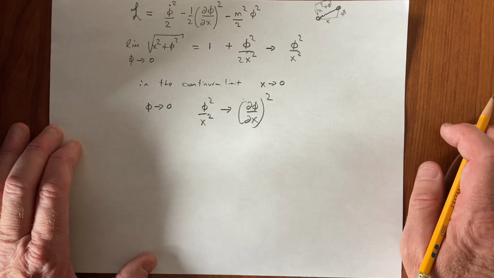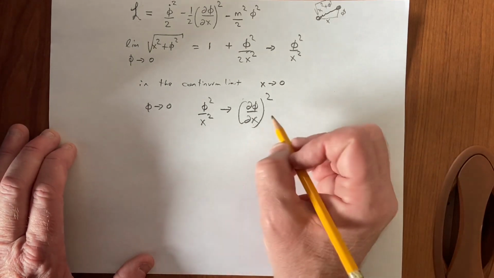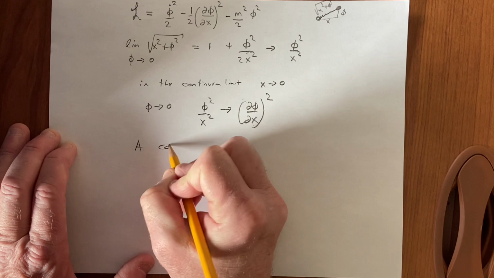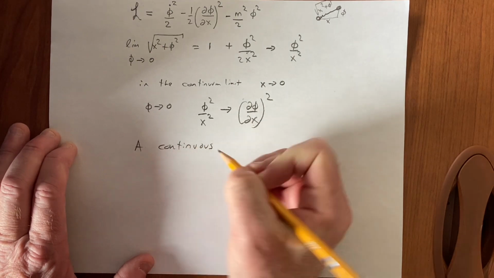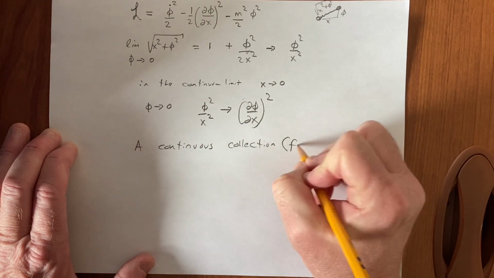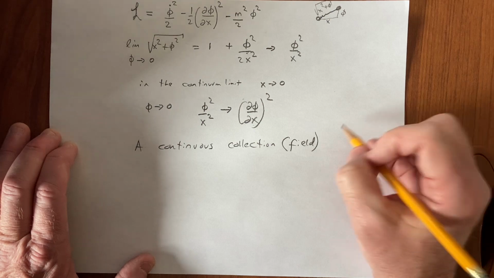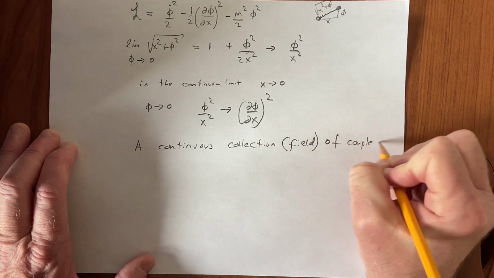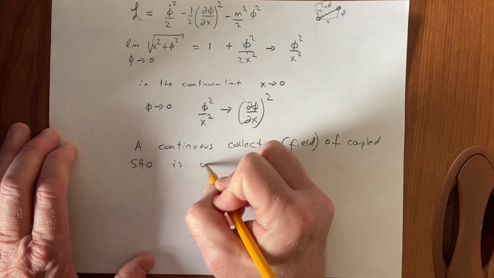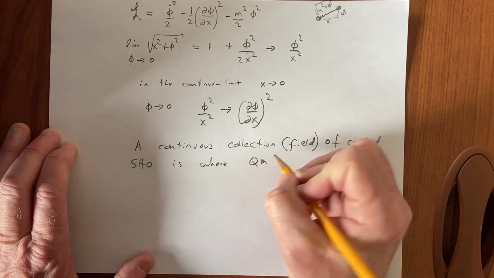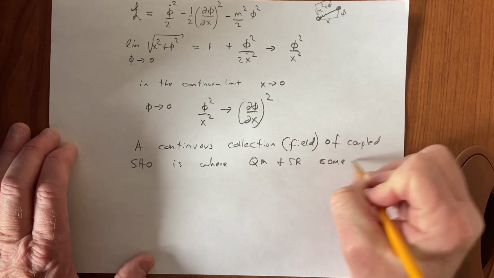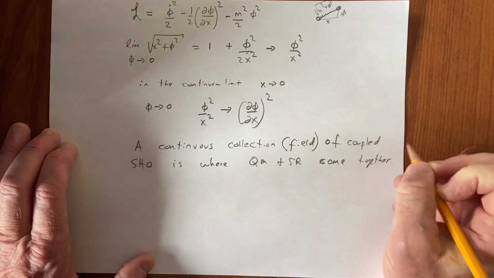And so we should be thinking of, how do we say this? A continuous collection, something that we should refer to as a field of coupled simple harmonic oscillators, is where quantum mechanics and special relativity come together.